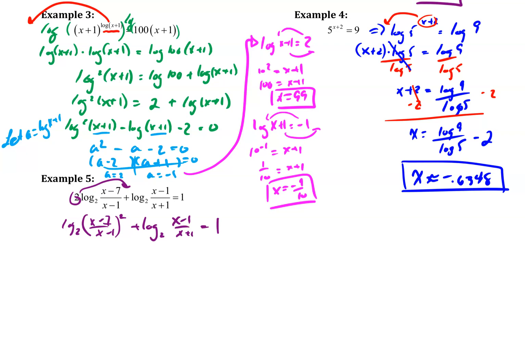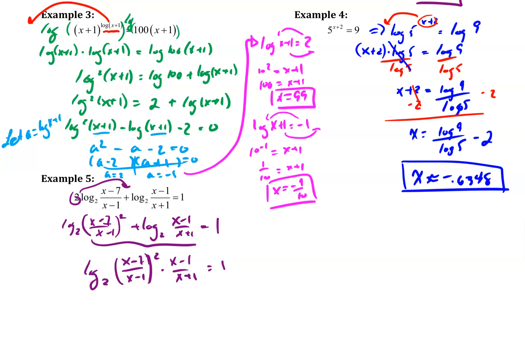I can condense this. I'm adding them, so I can multiply those. So I've got x minus 7 over x minus 1 all squared times x minus 1 over x plus 1, all equals 1 of this log base 2.